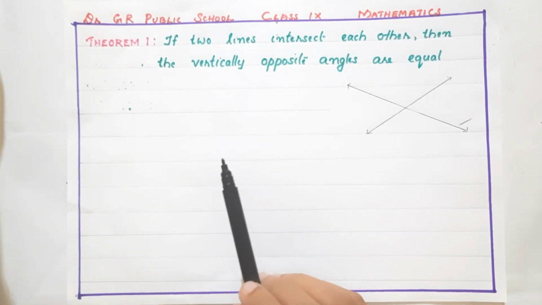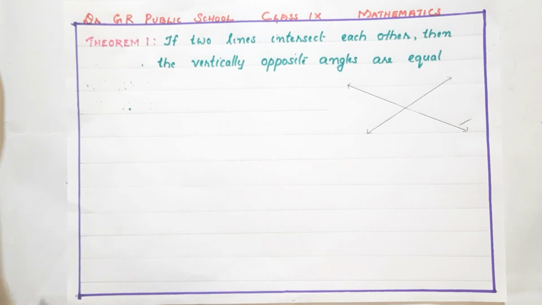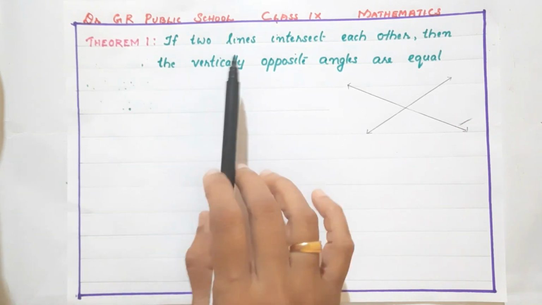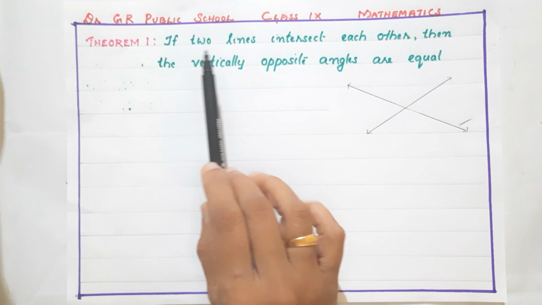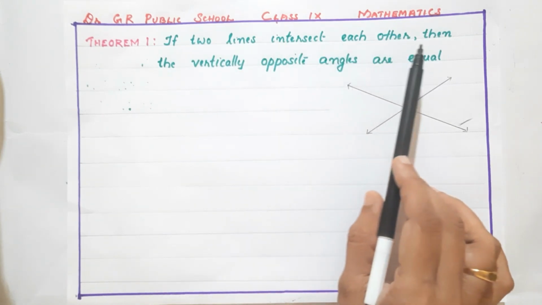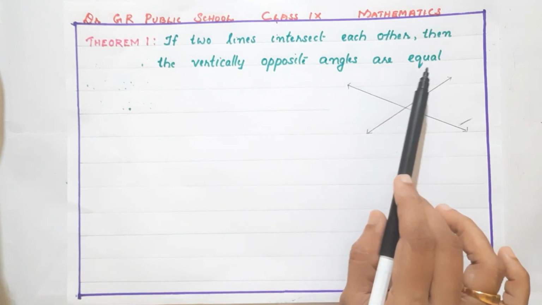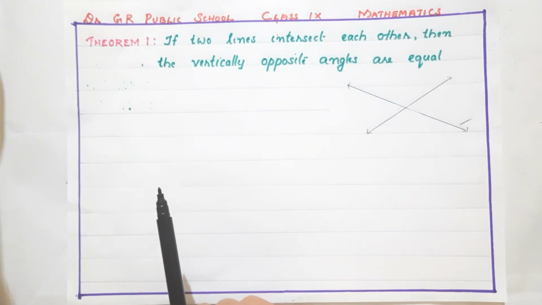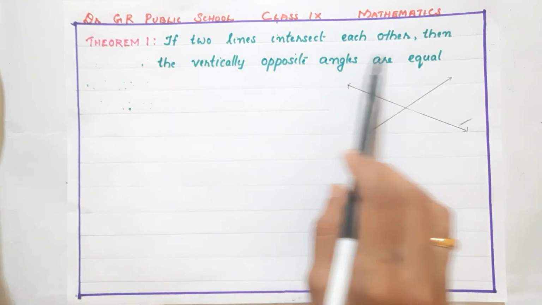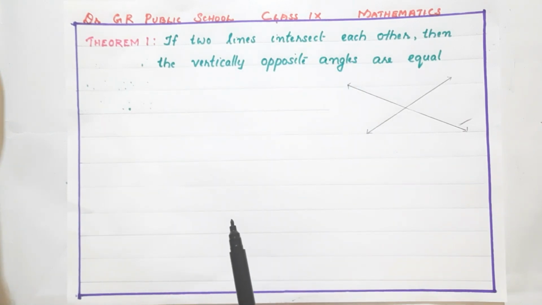You studied two theorems in the second chapter, remainder theorem and factor theorem. So here is another theorem: if two lines intersect each other, then the vertically opposite angles are equal. This statement we can prove, so that's why it is called a theorem.